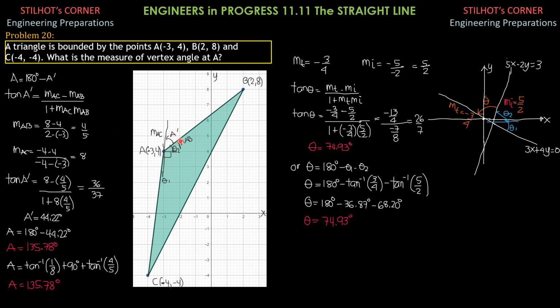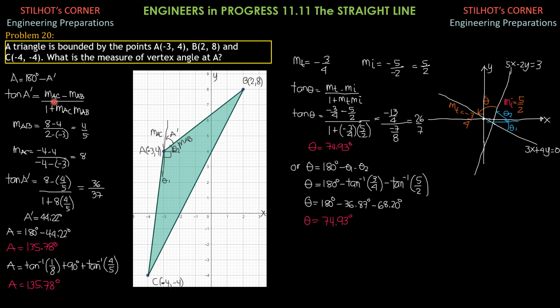For the slope of AB, it is (8 minus 4) all over (2 minus -3), and that is 4/5, positive 4/5. For the slope of AC, it is equal to (-4 minus 4) all over (-4 minus -3), and that's -8 over -1, and that's positive 8.